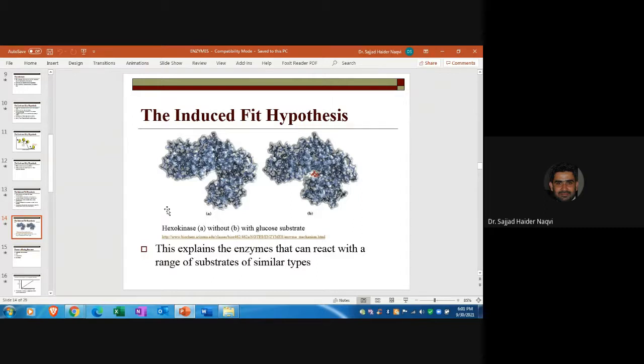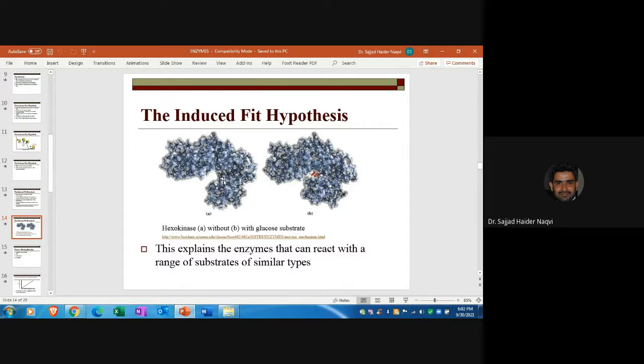Now, in the lock and key model, the limitation would be specificity because it's not changing. While the induced fit hypothesis can explain that enzymes can react with a range of substrates because it's not a lock and key. Some other substrate similar to that may also come in and catalyze the reaction.